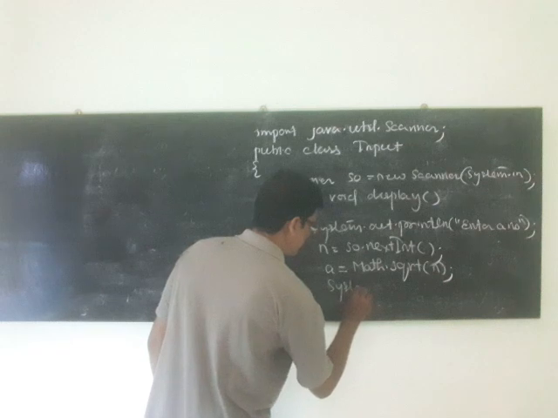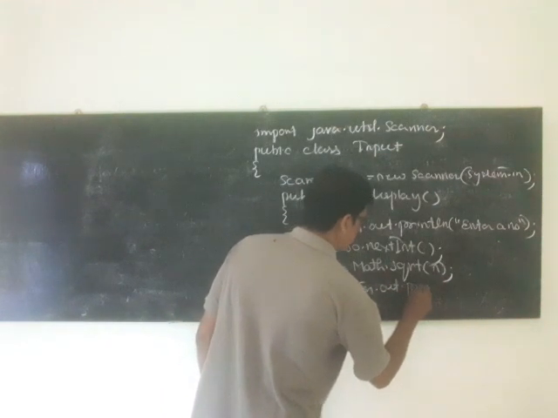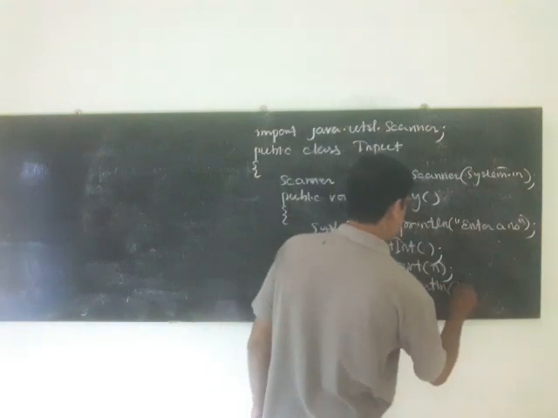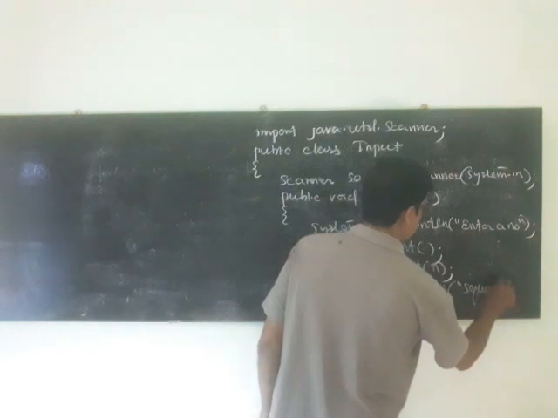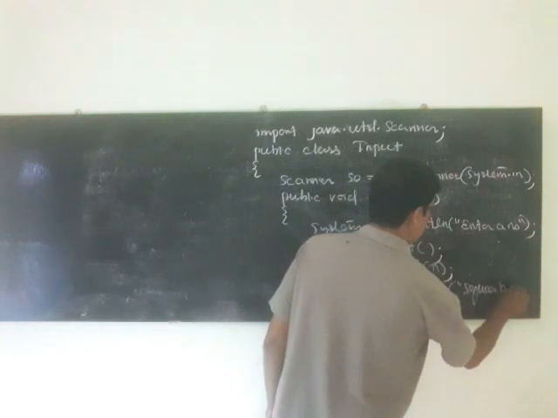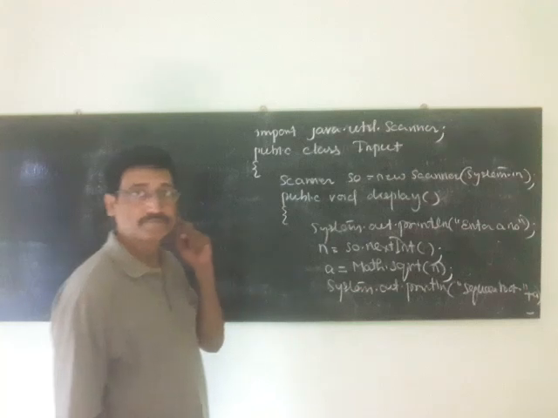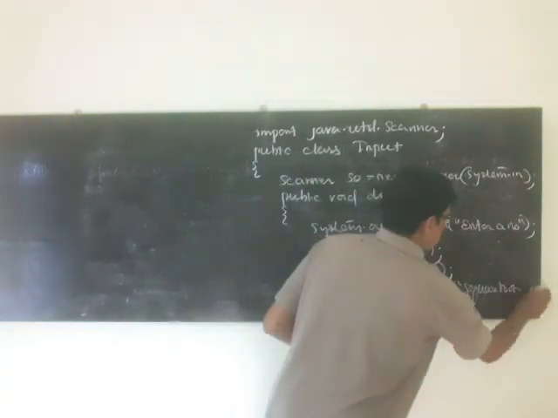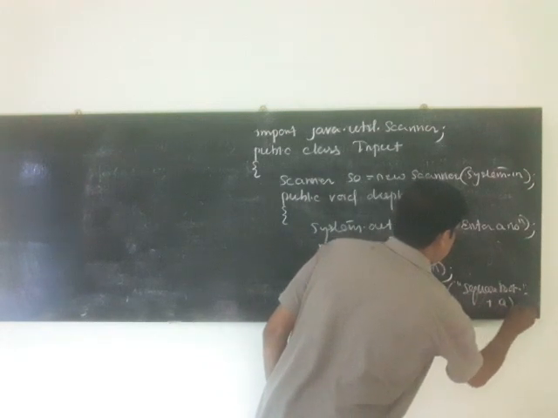Again, System.out.println, say "Square root of the number is equal to" plus a.